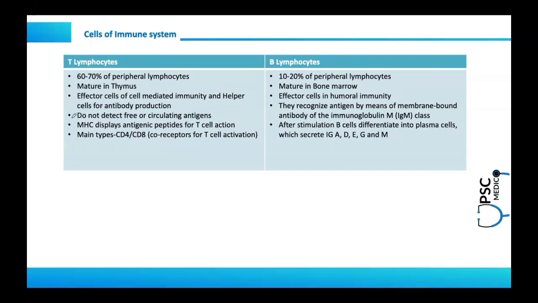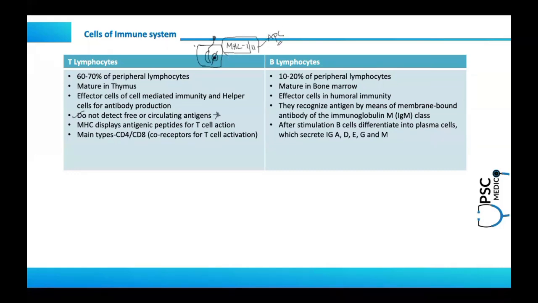The next important thing is that T lymphocytes do not detect free or circulating antigens. Majorly, T lymphocytes focus on intracellular antigens. Whenever there is an intracellular antigen, the cell itself will detect this antigen and project it onto the surface of the cell with the help of a complex called MHC1 or MHC2, based on what type of cell it is.